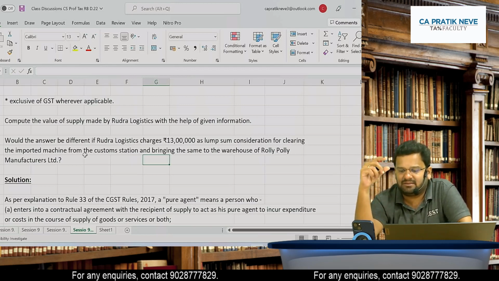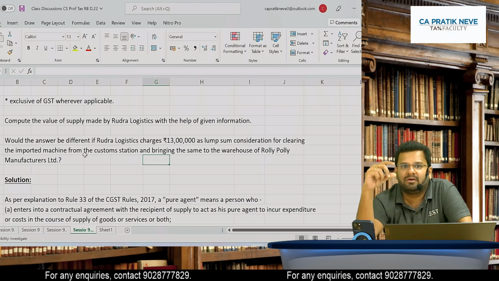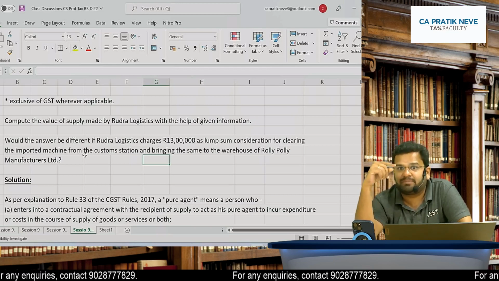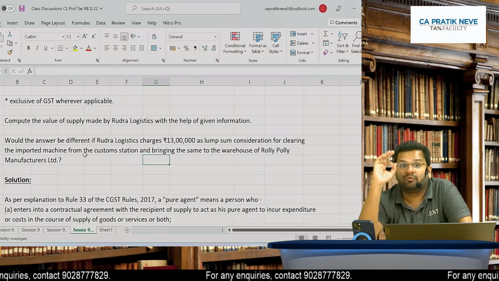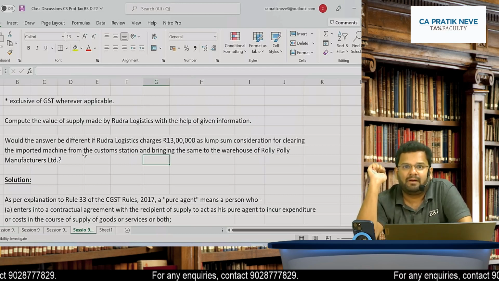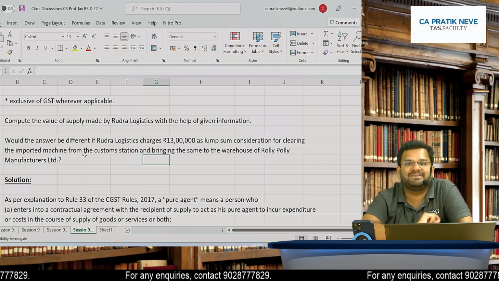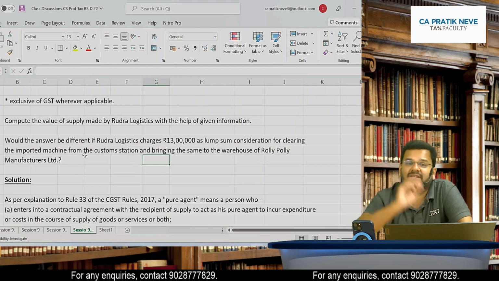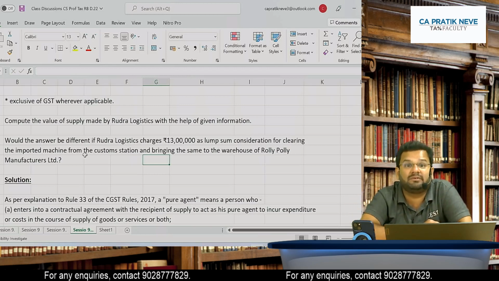Very good. So assessable value will be 5,000. How much will you collect from customer? You will collect from customer 15,000. Wonderful. You have understood the point very well.